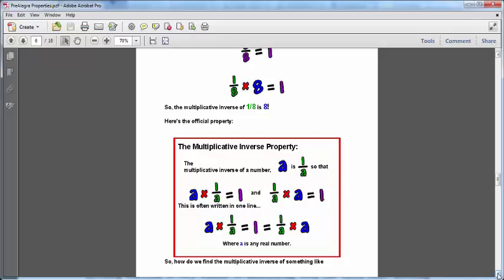This is often written in one line. a times 1 over a is equal to 1, which is equal to 1 over a times a. And a is any real number, which can also include negative and positive real numbers, and also include all integers and whole numbers. So when you say real numbers, that includes everything.